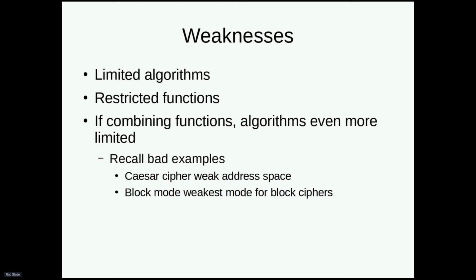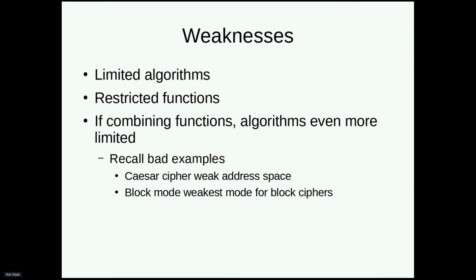The algorithms are limited. The functions that we can use are limited. And if you want a new function to use with homomorphic encryption, you're going to have to find an appropriate algorithm. If we are combining functions, the algorithms get even more limited. We're going to be restricted.